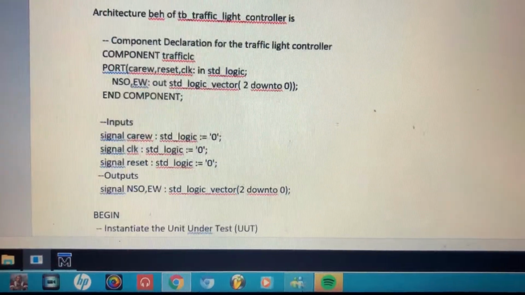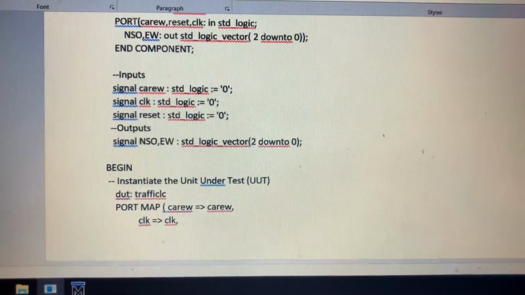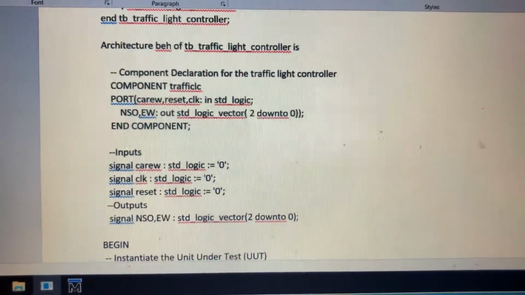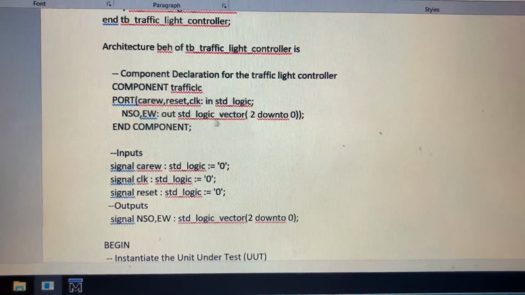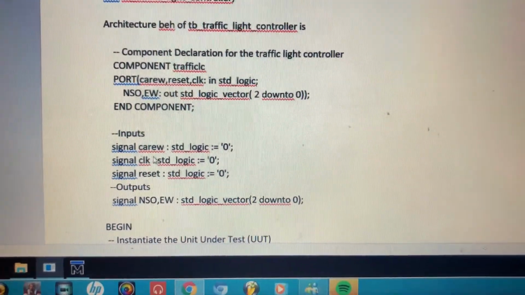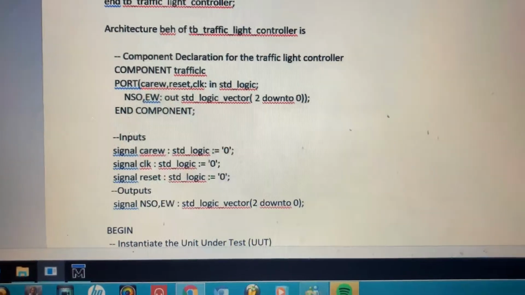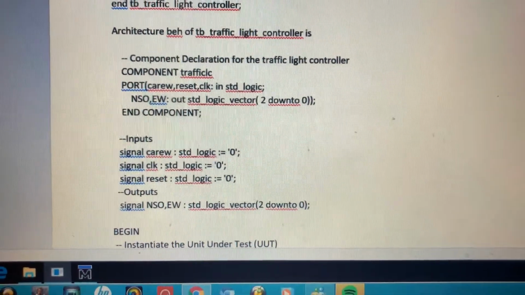And I've created a test bench here. Our component is from our traffic light controller entity. And our signals, I have my input signals and my output signals. My input signals are going to be set to 0.